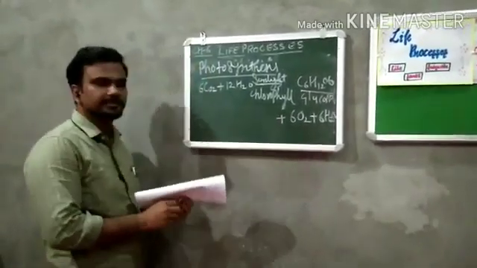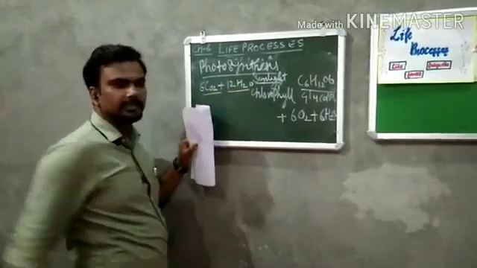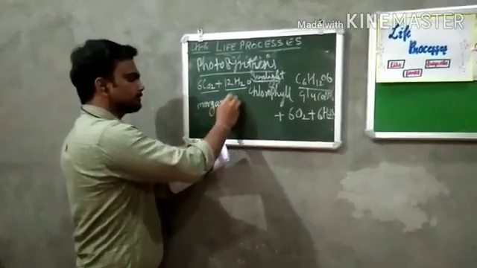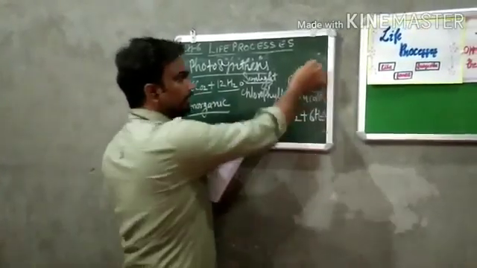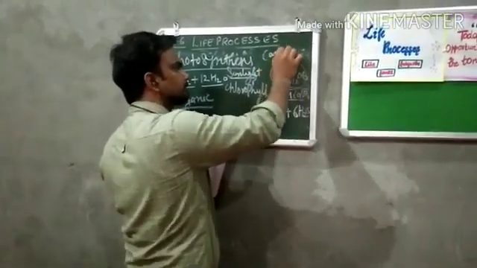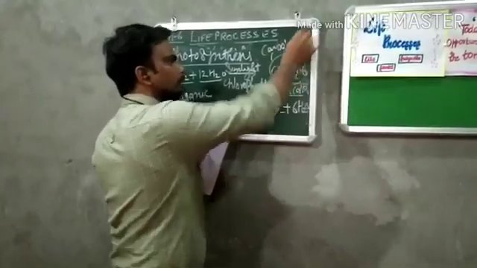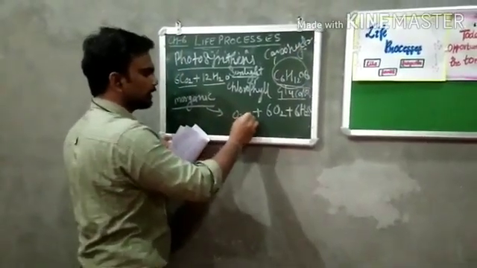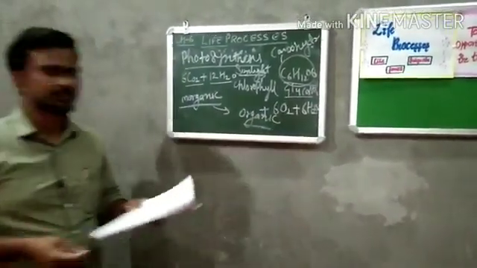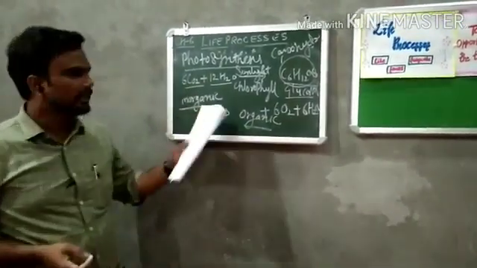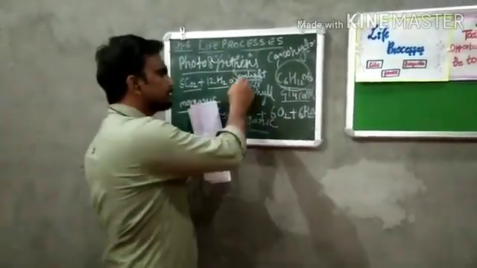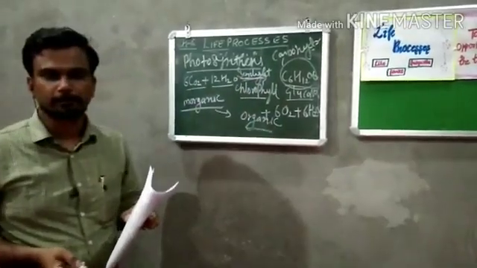What you see in this reaction: CO2, carbon dioxide, and water are inorganic substances, and glucose is a carbohydrate, which is organic. So we can say that in the photosynthesis reaction, inorganic molecules are converted into organic molecules by plants in the presence of sunlight and chlorophyll.